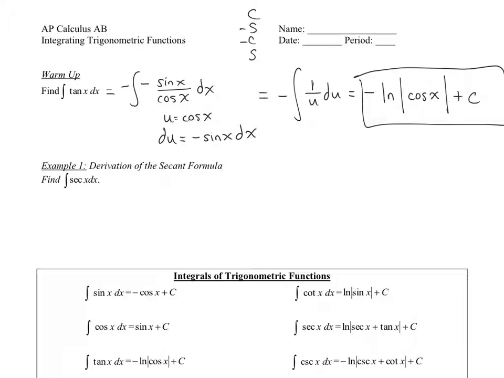Likewise, in example 1, we're going to try to rewrite it, but if I rewrite the secant as 1 over cosine, it really doesn't help me much. So I'm going to do something that you're going to cross your eyes at and tell me how the heck did you come up with that. And I'm not going to expect you to come up with it because it is so obscure.